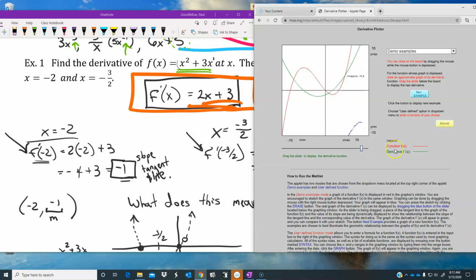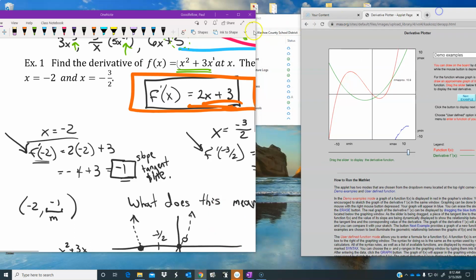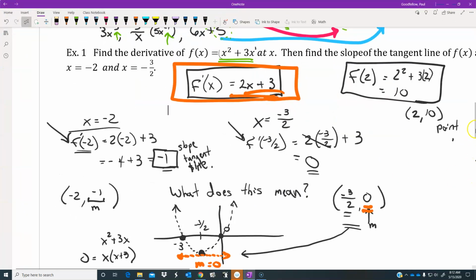Now, what we're really seeing is that this cubic function, which we saw in that original deal, has a derivative that is a parabola, or an x squared. Let me go back to our original function that we were doing at the beginning.